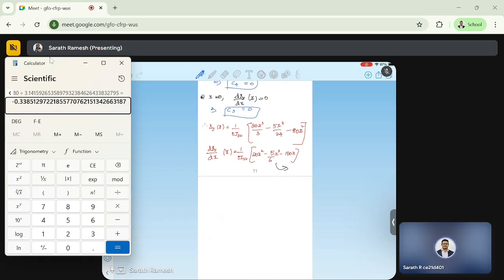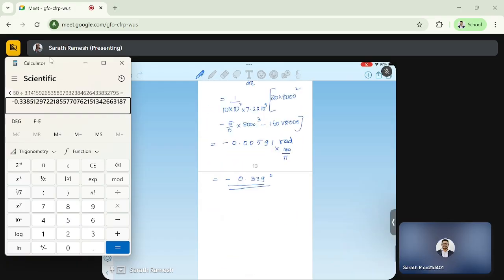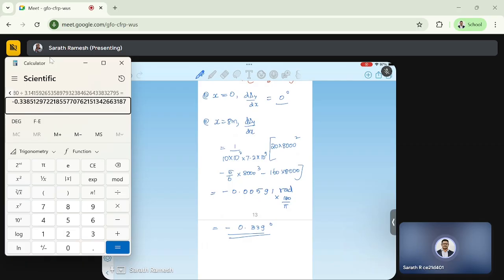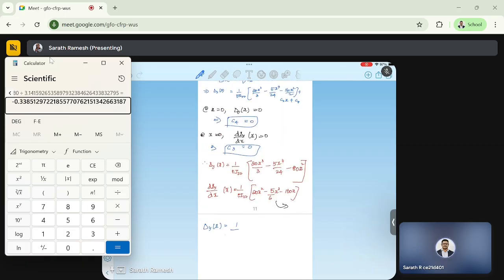The equation of deflection: delta y of x is equal to 1 by EI, which is 72 into 10 power 12, times 20 into x, where x is 8 meters, so 8,000 millimeters, by 3, minus 5 by 24 into 8,000 to the power 4, minus 80 into 8,000 square.